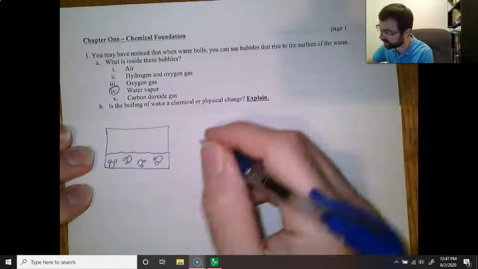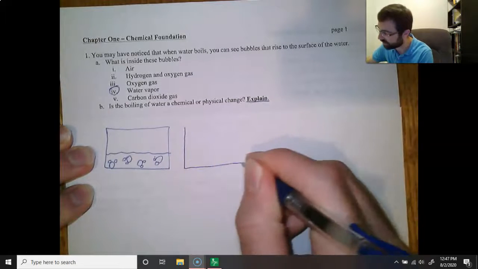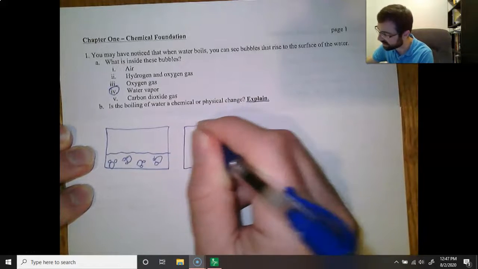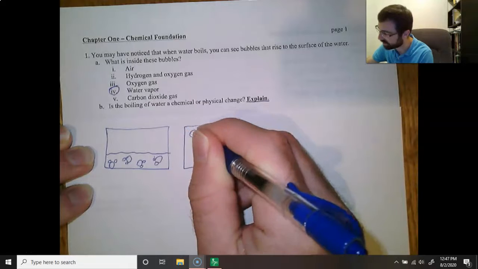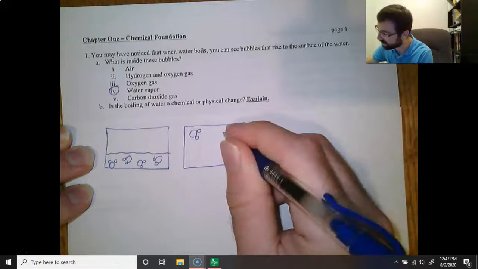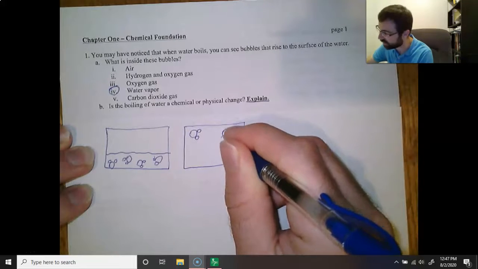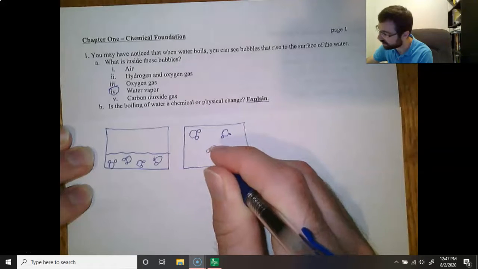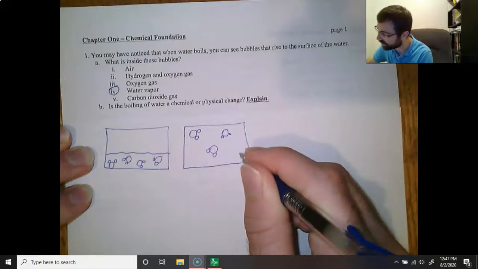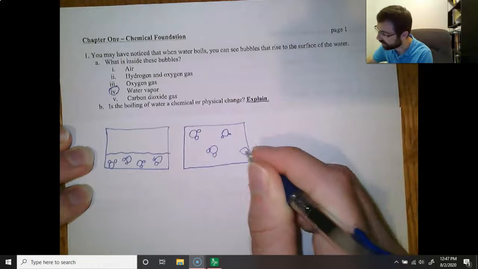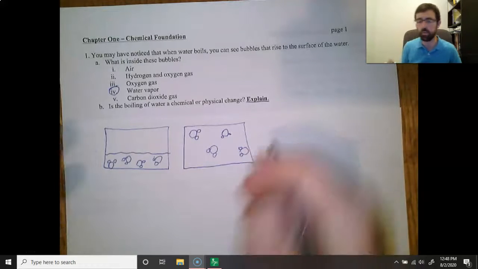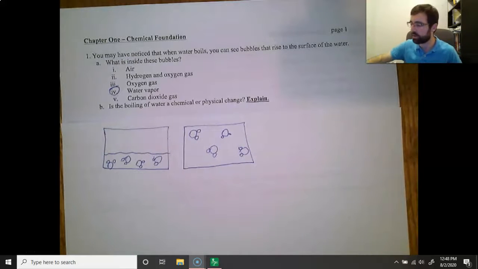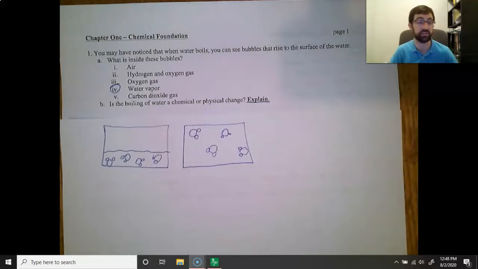It's going to look like those same four molecules. The only difference is instead of being down at the bottom in the liquid state of matter, they are spread out randomly. And we have some that are bouncing off the walls and so on. It's still water vapor though. It's still water molecules. They just changed state of matter.